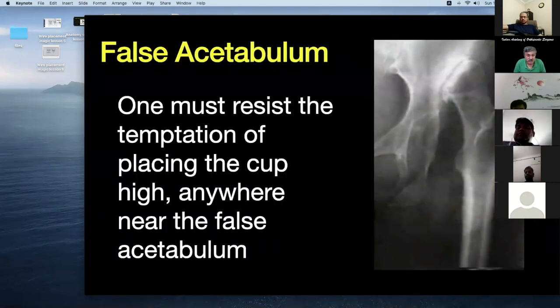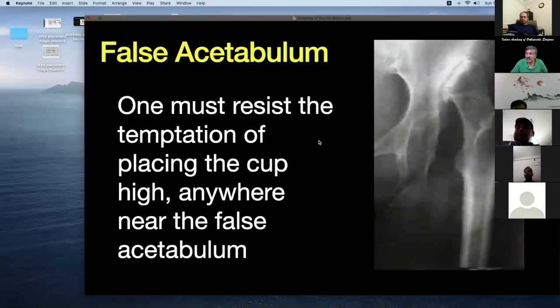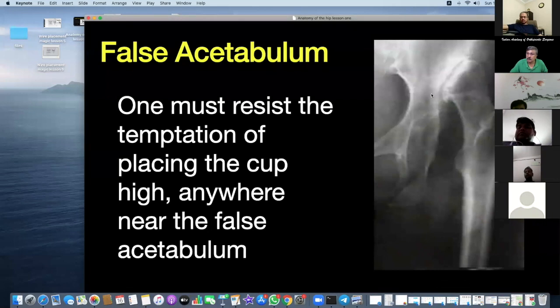One must resist the temptation of placing the cup high anywhere near the false acetabulum. One of the nice mistakes done by beginners is they will cement the cup high up because that is what appears like acetabulum when the hip is opened. The cup should always be placed in its real spot.